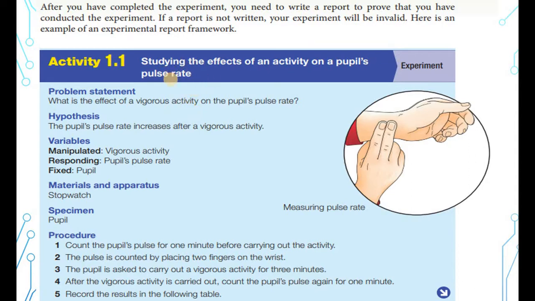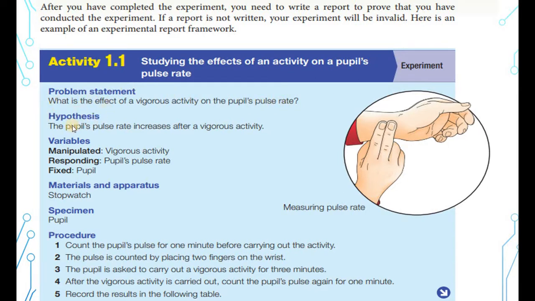You have to do the vigorous activity on your own until you feel that your heartbeat is increasing. Again, before you do this activity, make sure you can identify your pulse rate, the nadi. Find your own pulse rate first. So that is number 1, problem statement.